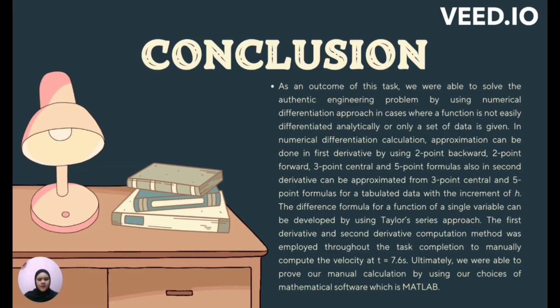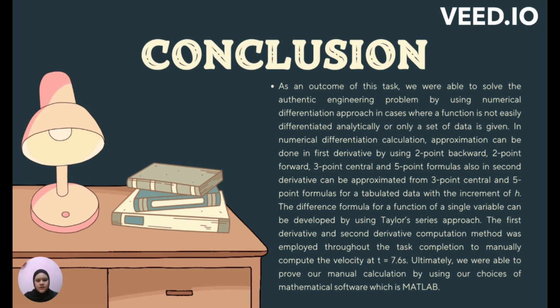As an outcome of this task, we were able to solve an authentic engineering problem using the numerical differentiation approach, which is useful where a function is not easily differentiated analytically or only a set of data is given.